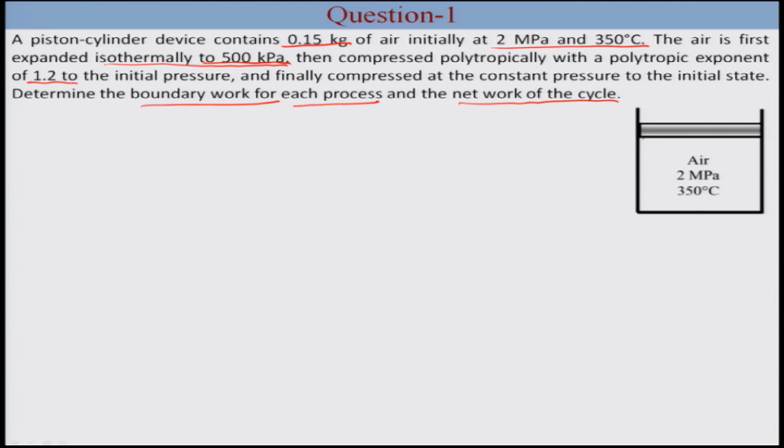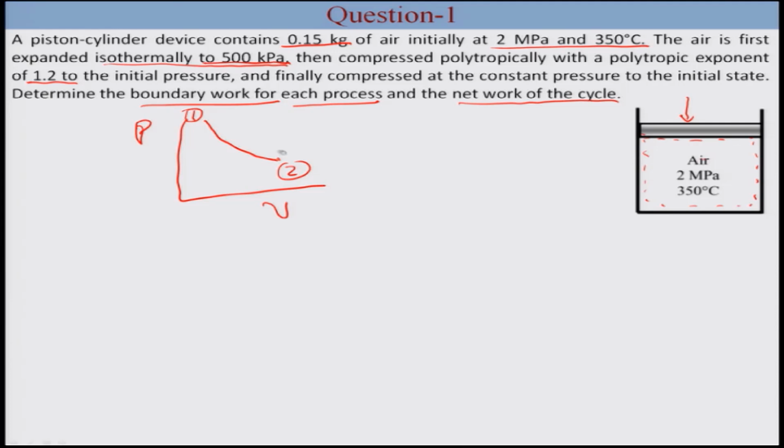So here we assume air as the system, and this piston will compress this air polytropically, and this air will expand isothermally as well. If you see the whole process on a PV diagram, from state 1 to state 2, this gas expands isothermally.